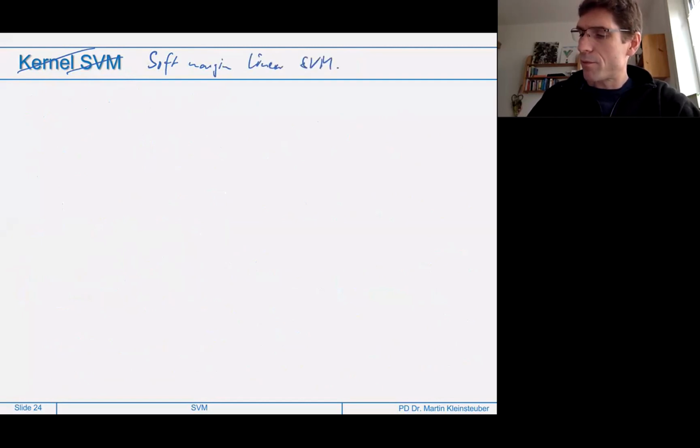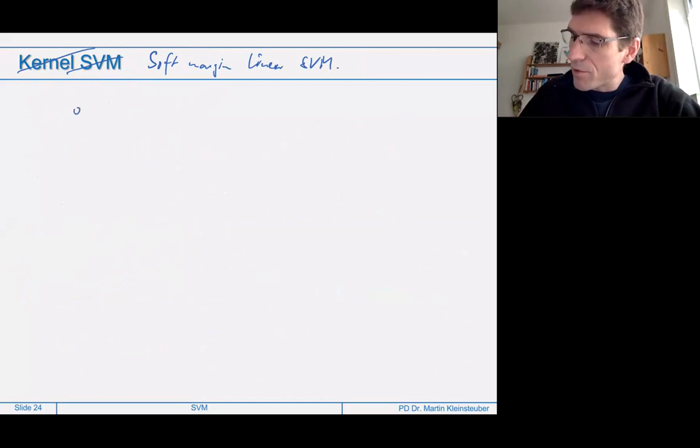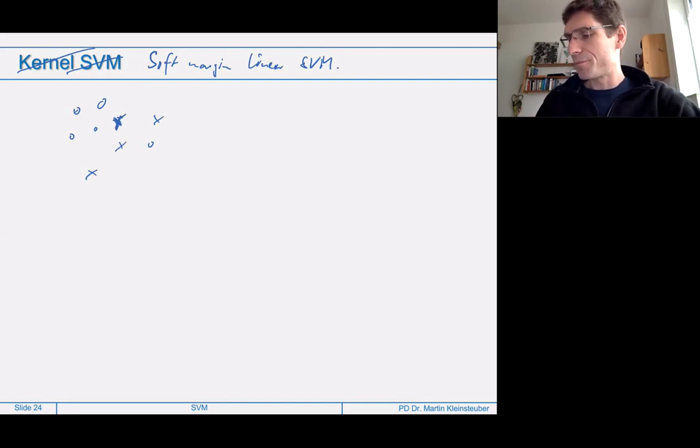So it's the soft margin linear support vector machines. The idea of this soft margin linear support vector machine is that you do not have linear separability, right? You have your class here and you have your class there, but you have some problems in linearly separating them because you cannot. That's what sometimes happens in practice.